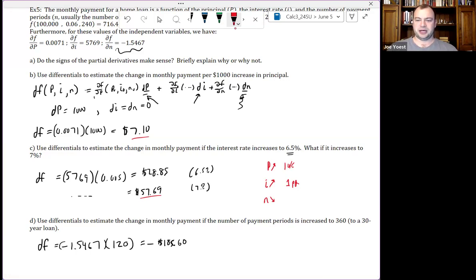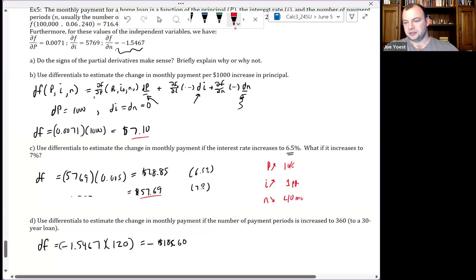If it decreases by a third of that, 40 months, that should increase my payment by about a third of $180, or about $60. So if N decreases by about 40 months, these all have in the ballpark of the same effect of increasing payment by something like $60 to $70 per month.